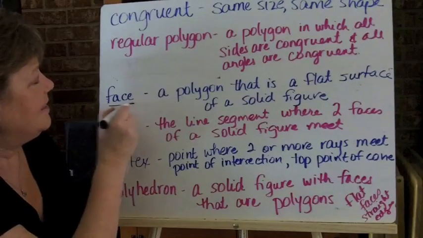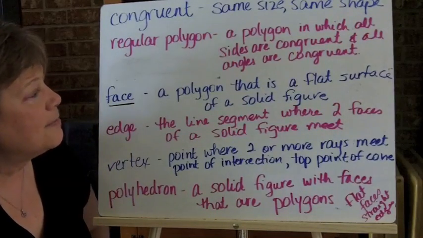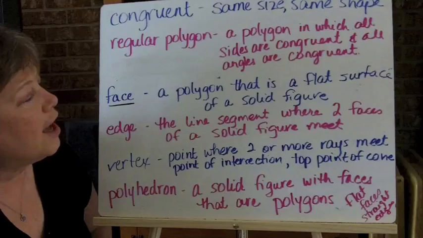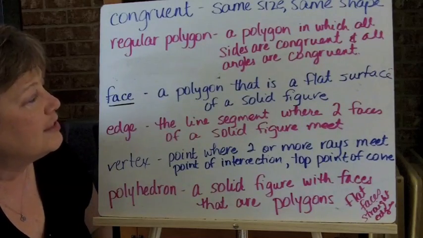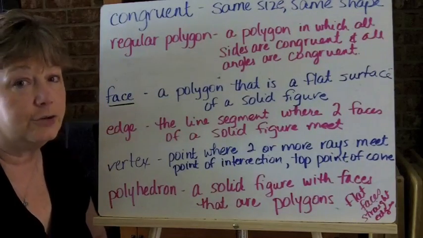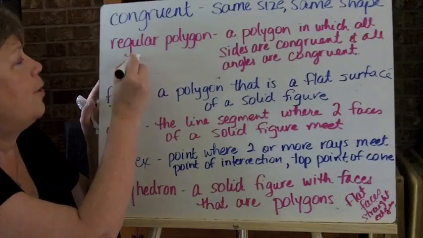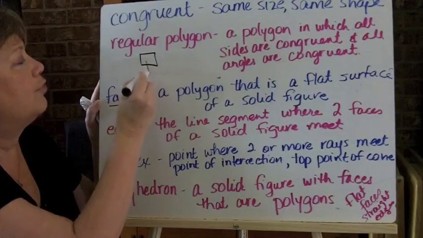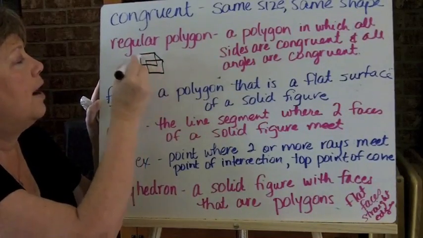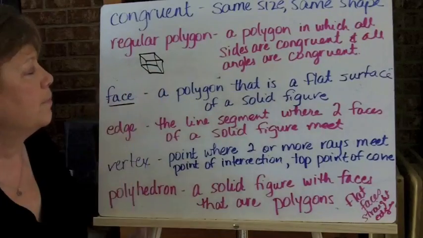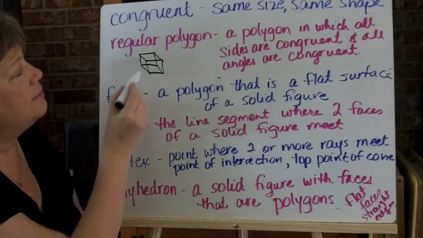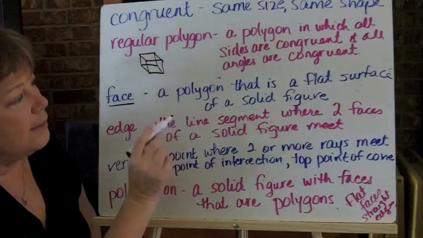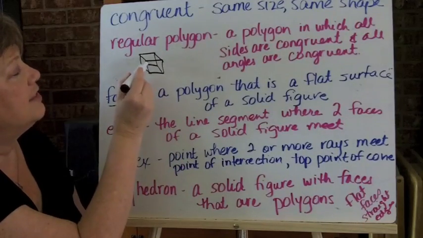A face. A face is a polygon that is a flat surface of a solid figure. So if we go back to drawing my three-dimensional box here, the face of that box is the flat surface of this solid figure.